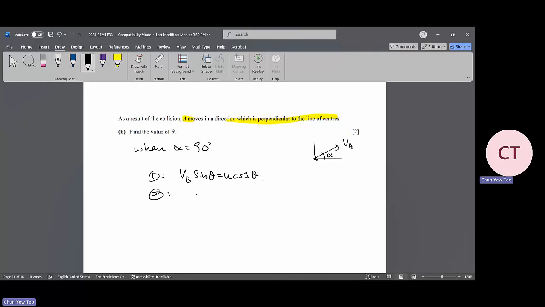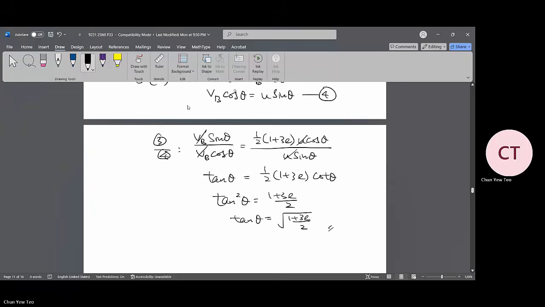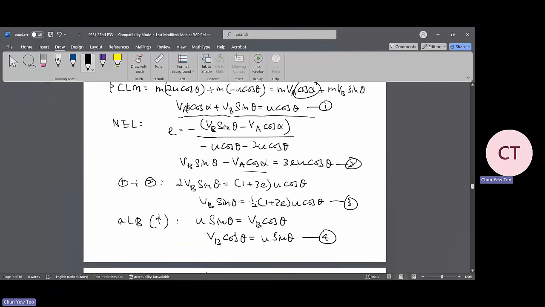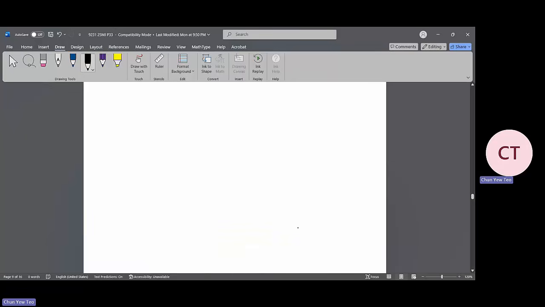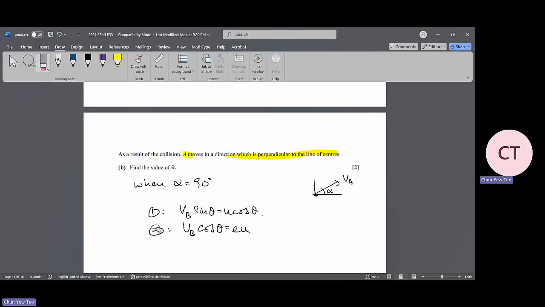Then equation number 2, you have VB cos theta is equal to eu, EB cos theta. Equation number 4, VB cos theta will be equal to u sin theta.